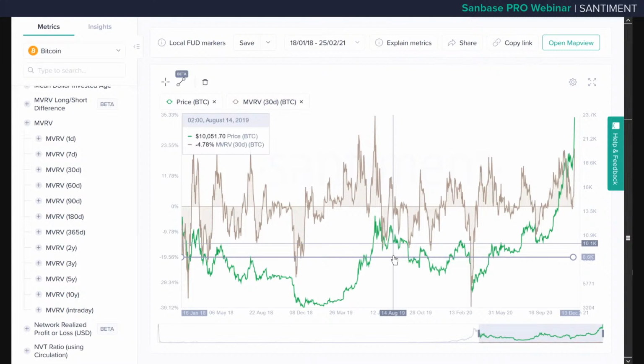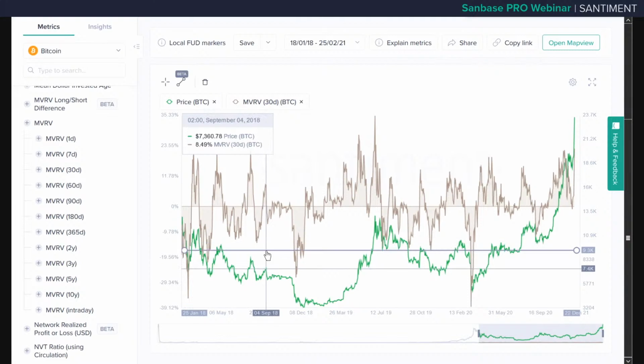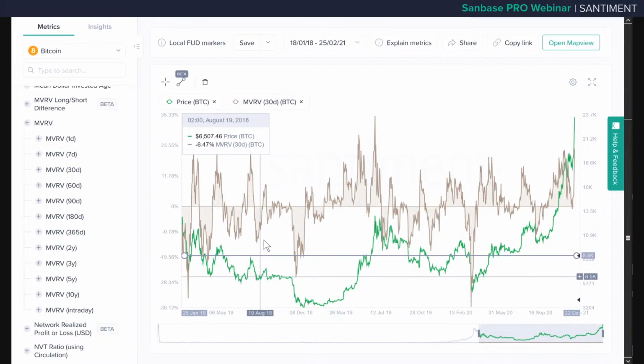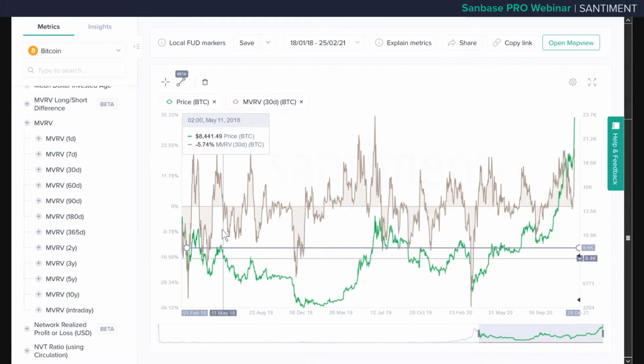But it seems like anything below like 19%, and especially as we drop below 10%, it tends to be a period of potential short-term price recovery, right?